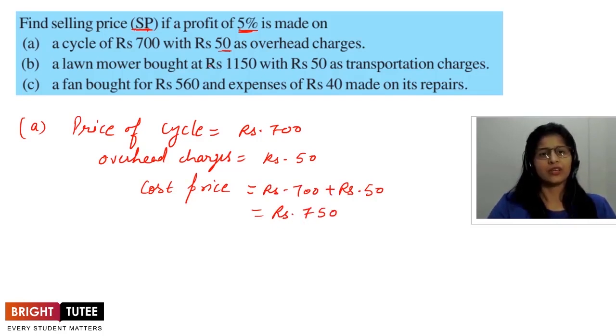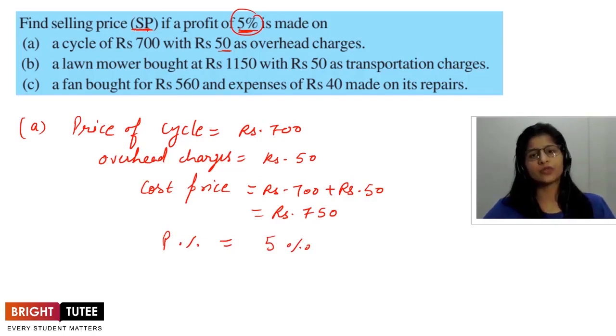Now what is given? We are given that a profit of 5% is made on it. So profit percent is given as 5%. Clear? Now profit is always on what? Profit is always on cost price. So if profit percent is given, we can calculate the profit. How? Profit is always given on cost price.